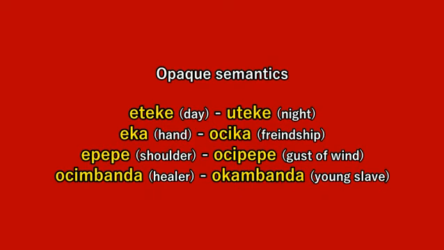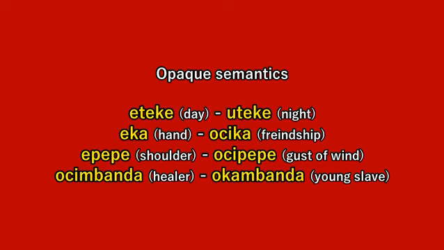Some class changes are less transparent, and basically maybe they are fruit of coincidence or some evolutionary distortion in the language. You have eteke, which is day, and uteke, which is night. That makes no sense. Eka, hand. Ochika is friendship, like a little hand, maybe something that goes hand in hand.